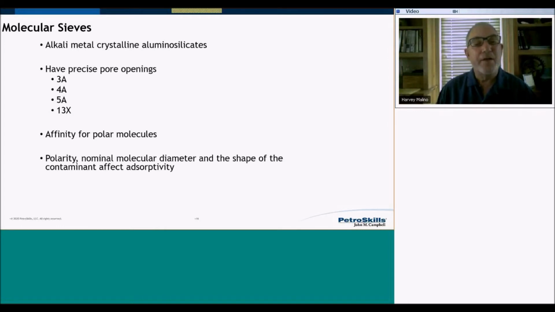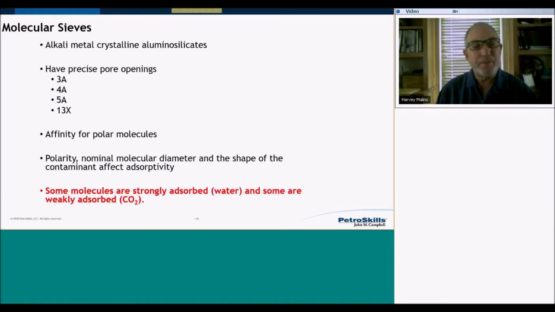The things that affect adsorptivity of any molecule are its polarity and the nominal molecular diameter of the species you're trying to adsorb. Remember, that species, such as water, has to fit into the pore opening, and if it's polar, then it's going to attach itself very readily onto the surface of the molecular sieve.